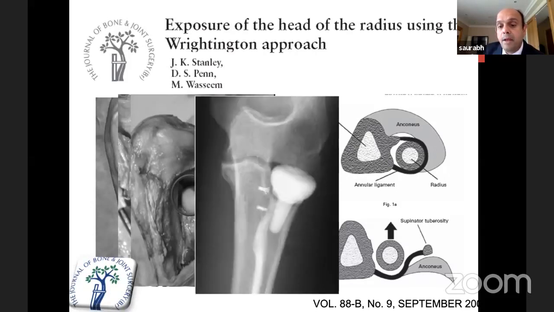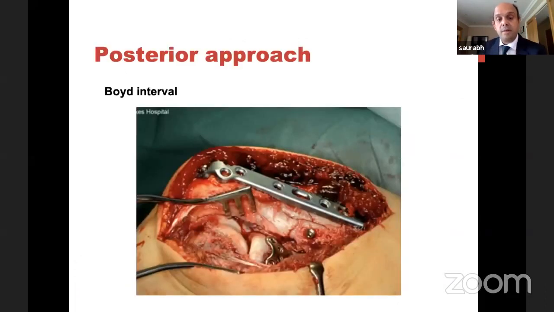From the posterior approach, I can put a plate and I can do radial head replacements. I can do radial head fixation, and then reattach your LUCL with anchors or transosseous sutures. So for example, here, gone posteriorly, did my Boyd interval approach. That's ulna. This is where anconeus was, which is all sitting here now. Immediately, the annular ligament is also in the leaf here.